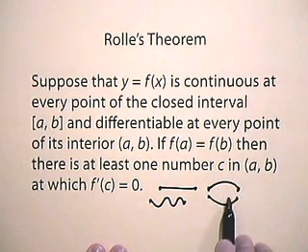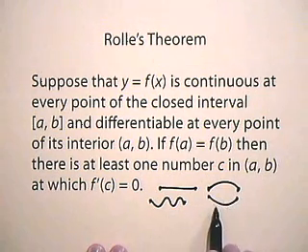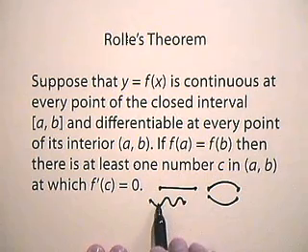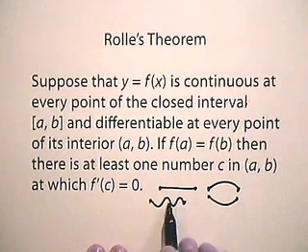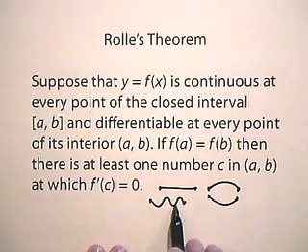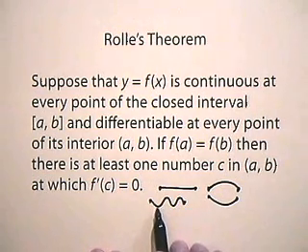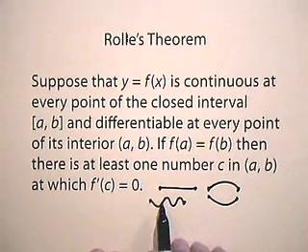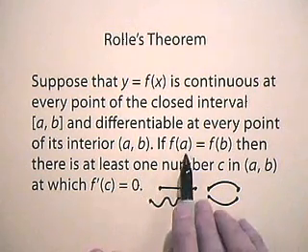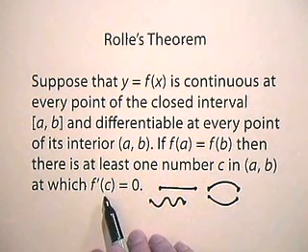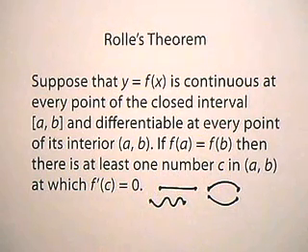Or if the maximum happens at the endpoints, then the minimum has to happen in the interior if it's not constant. And if neither of the endpoints are max or mins, then of course we've got plenty of points inside, at least two, where the function will have to have a critical point, and since it's differentiable at every point in the interior, that critical point will be a point where the derivative is 0. And so that's Rolle's theorem.